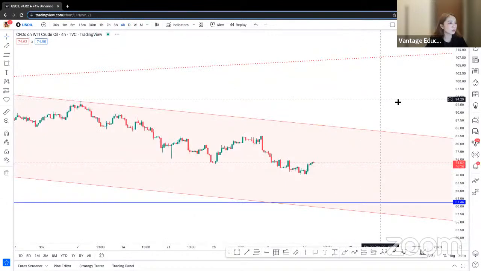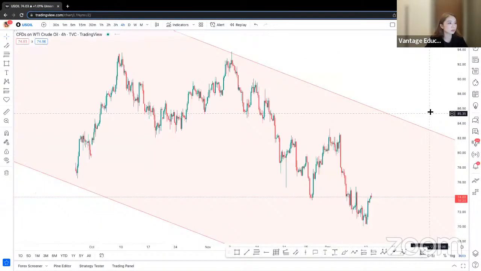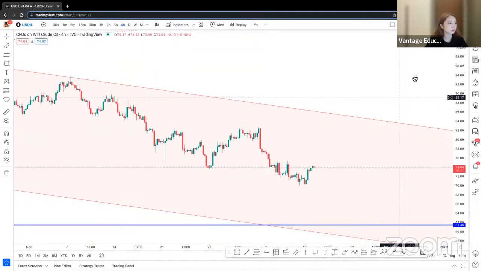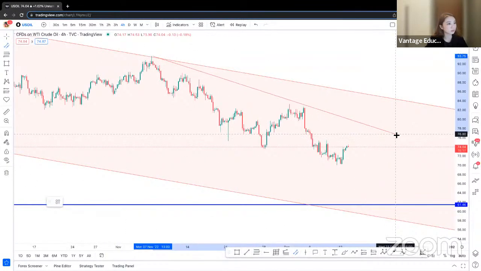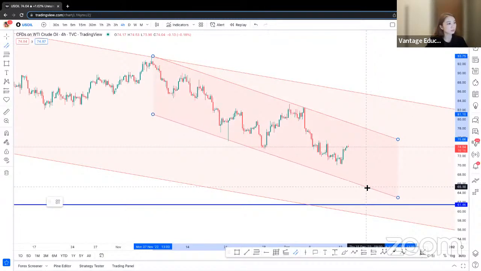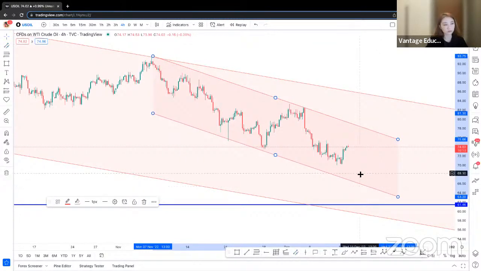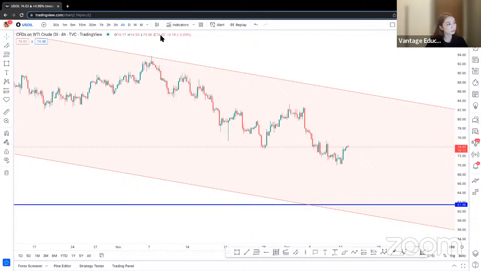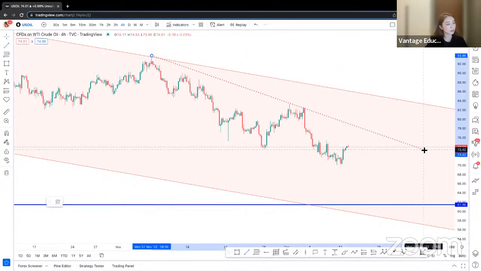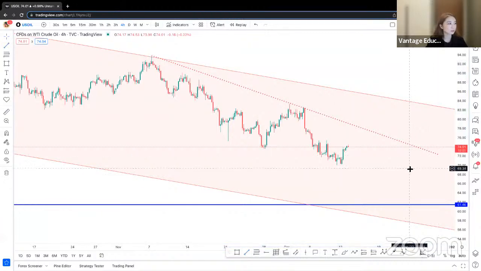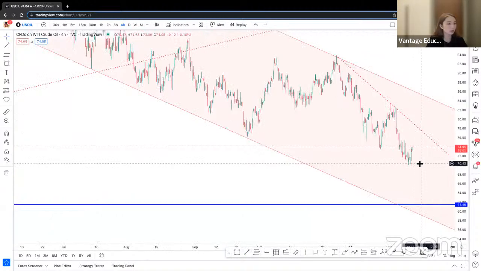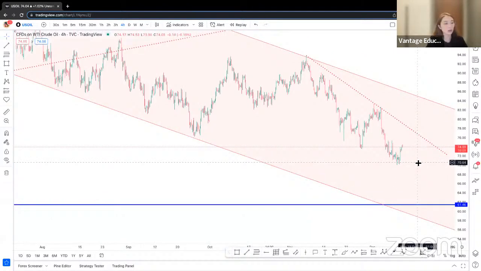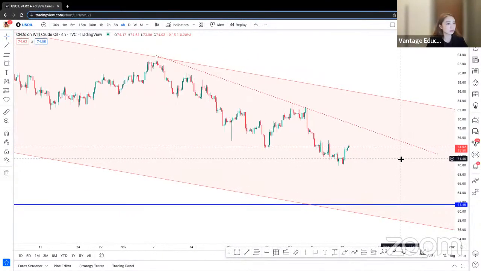Let's look at H4. We have a closer trend line moving downwards. Let me see the last historical. No, not really a historical support. Hold on. Okay.